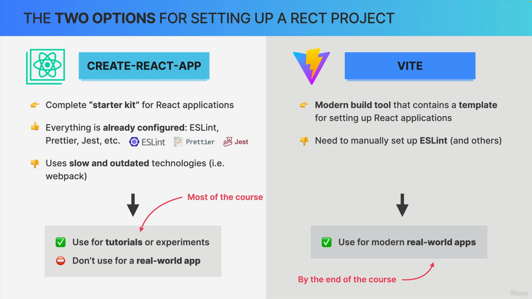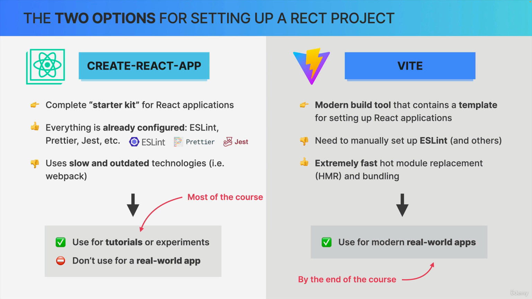Now, if we have all this additional work to set up our tools, then why even use Vite in the first place? Well, the reason is that it's just extremely fast to automatically refresh the page when the code changes, which is what we call hot module replacement. Also, bundling is extremely fast too, which for large-scale applications can really make a difference.